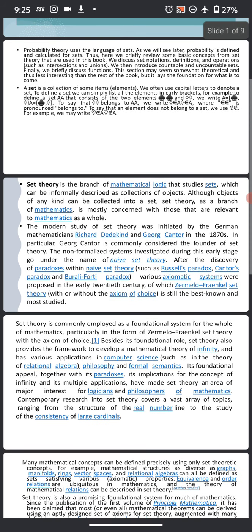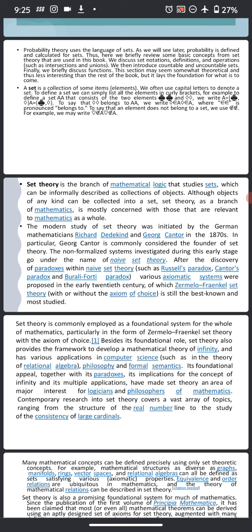Set theory is a branch of mathematical logic that studies sets, which can be informally described as collections of objects. Although objects of any kind can be collected into a set, set theory as a branch of mathematics is mostly concerned with those that are relevant to mathematics as a whole. The modern study of set theory was initiated by the German mathematicians Richard Dedekind and George Cantor in the 1870s.